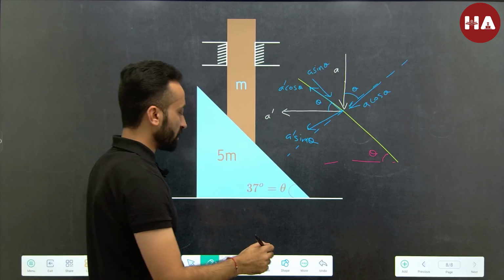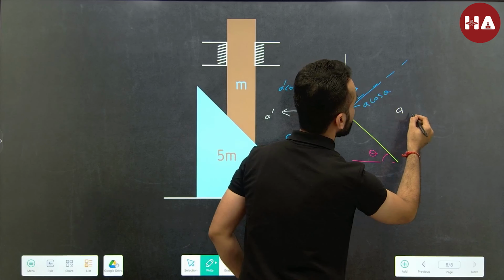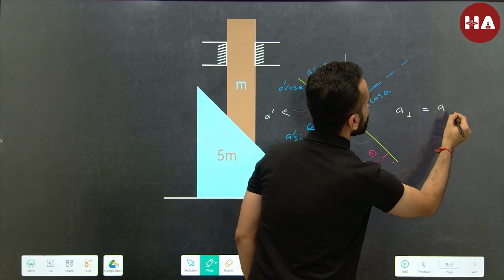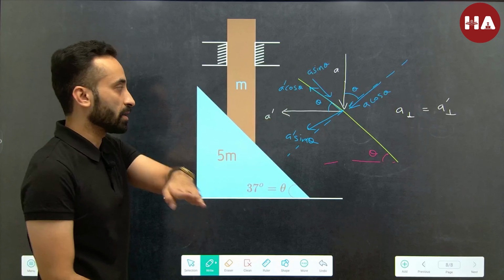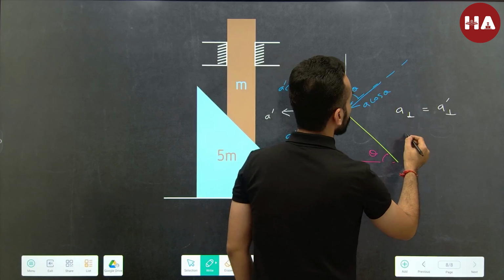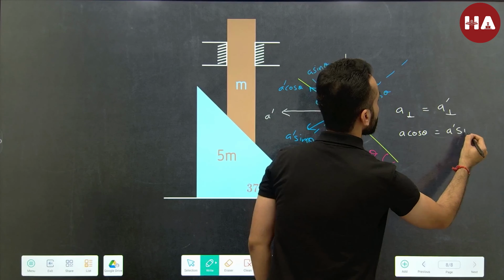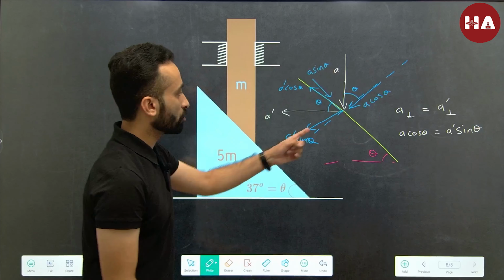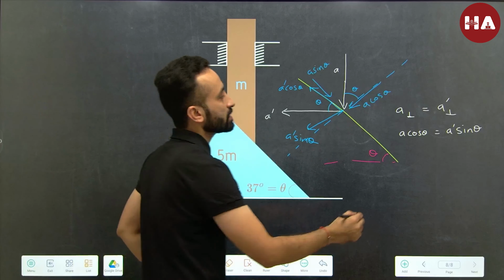So I want to equate the perpendicular acceleration components of a and a dash along the common normal. Can I write a cos theta is equal to a dash sin theta? So a dash turns out to be a cos theta over sin theta, that is a cot theta.